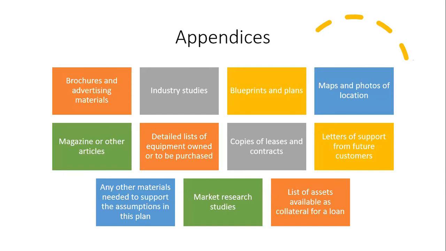For me, I needed to know who had Medicare, who didn't, how many providers were in the area, because most medical supplies that are purchased are prescribed by providers. So that was all important to me. Magazines or articles. So this is a list of things that you could have in your appendices of your business plan.